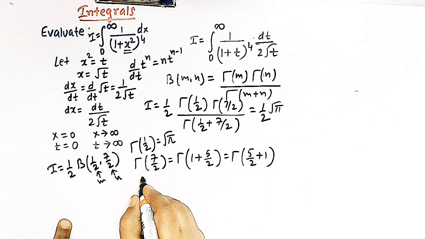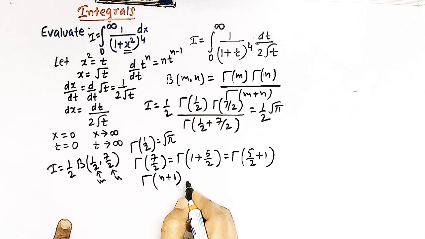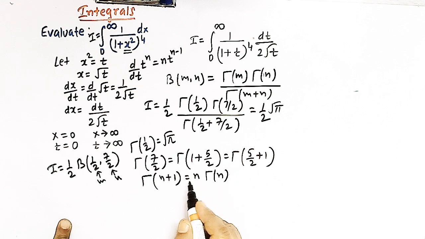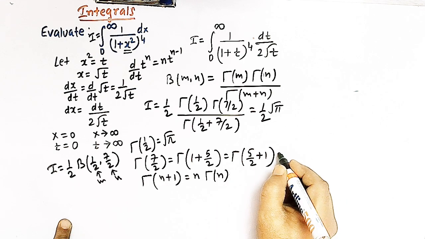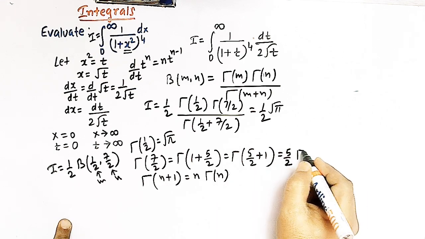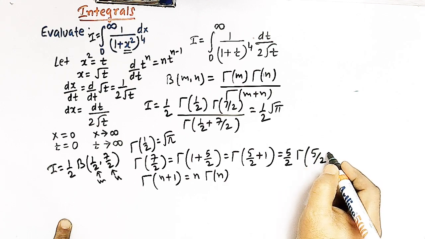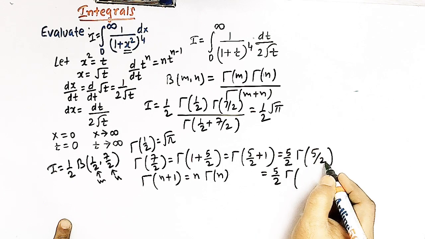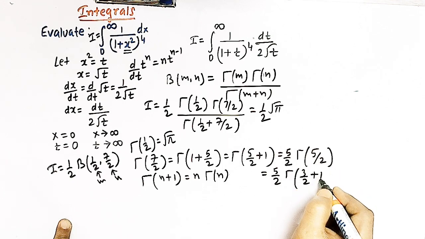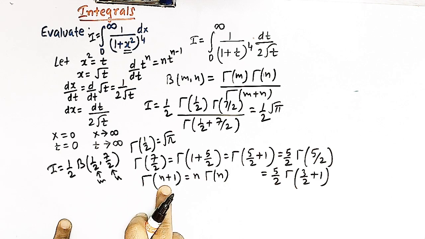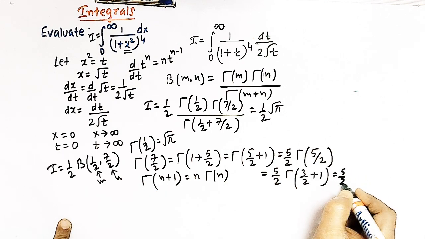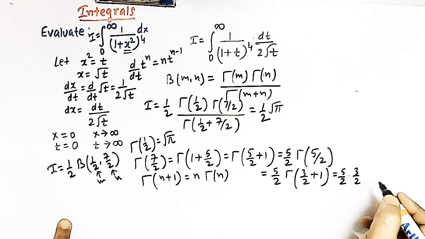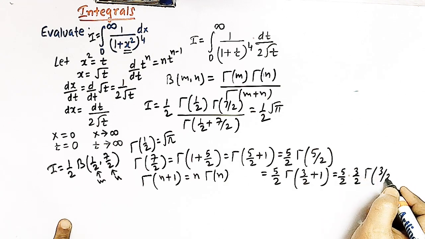And now using this result, that gamma n plus 1 is given by n times gamma n, here the value of n is 5 over 2, so we have 5 over 2 and gamma 5 over 2. Now further we can split gamma 5 over 2 as gamma of 3 over 2 plus 1, and again applying this result we have 5 over 2, and now the value of n is 3 over 2, so we have 3 over 2 and gamma 3 over 2.